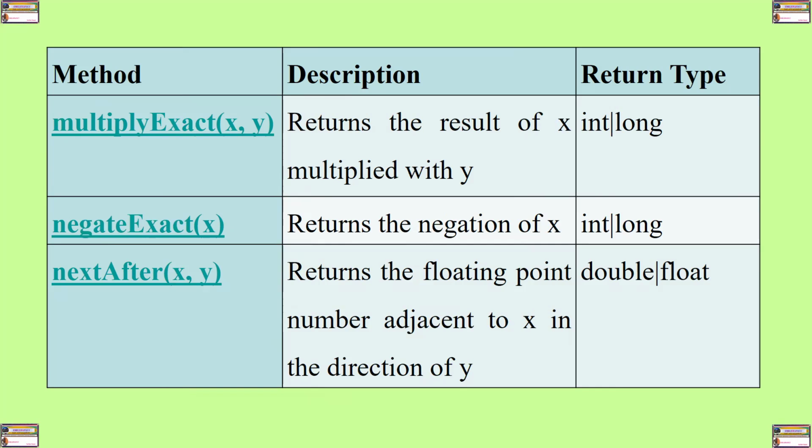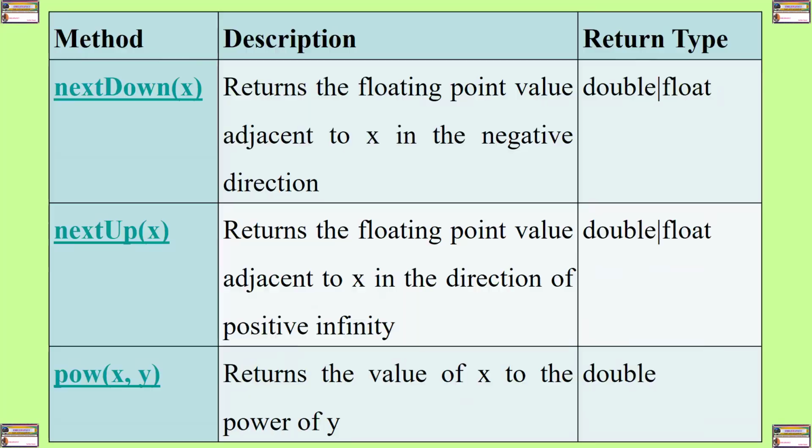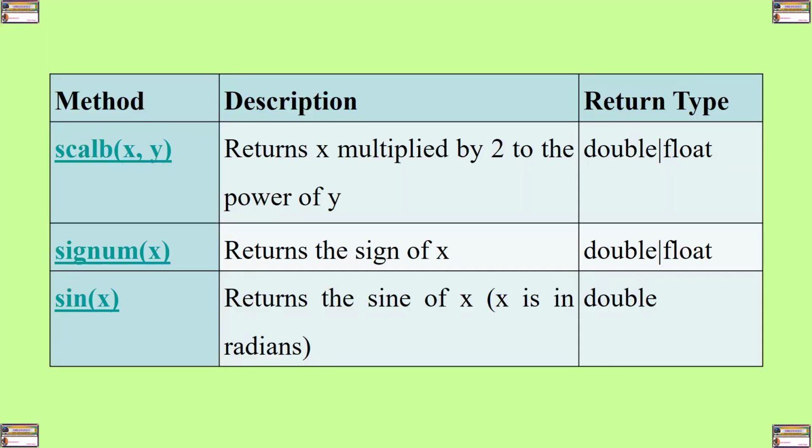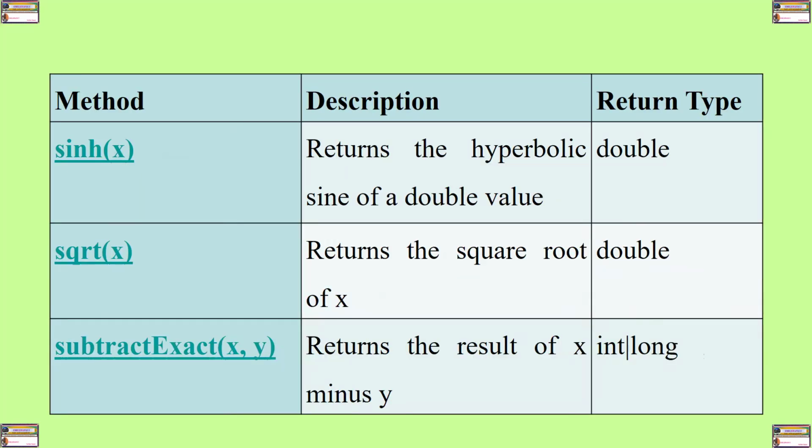We have nextAfter. We have nextDown method, nextUp method, pow method, the random method, the rint method, round method, scalb, signum, sin, sinh, that returns the hyperbolic sine of a double value.